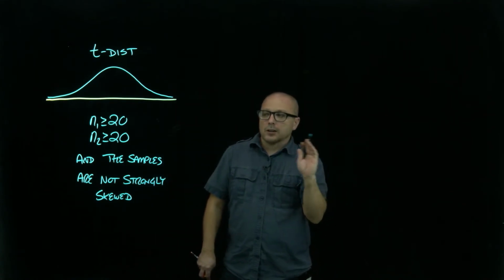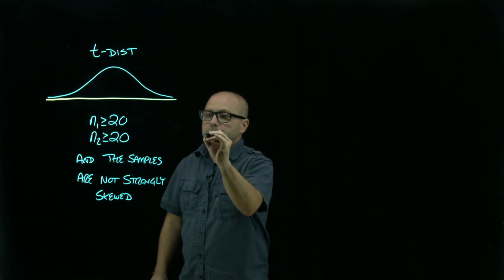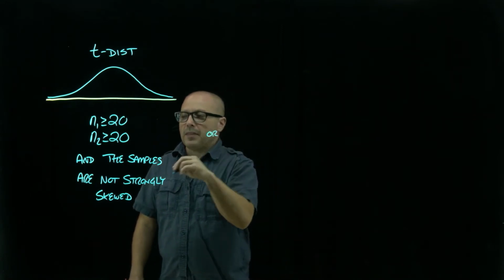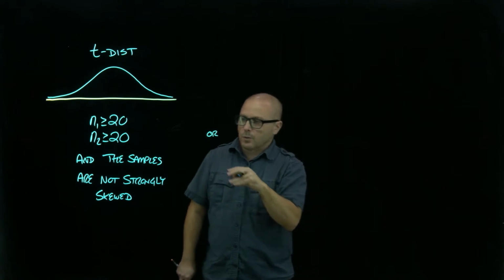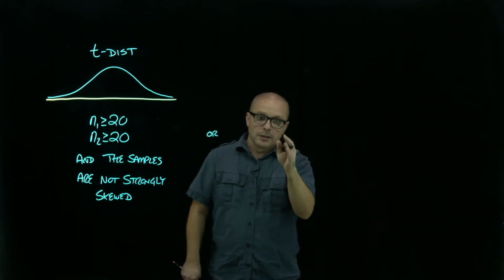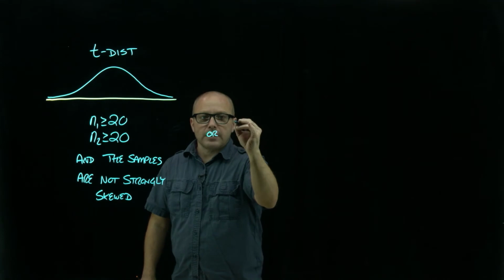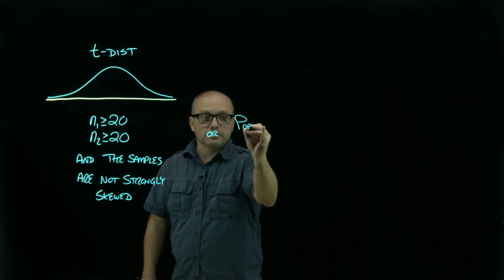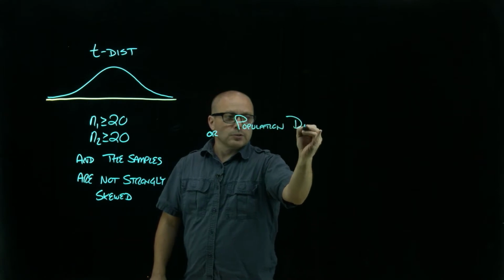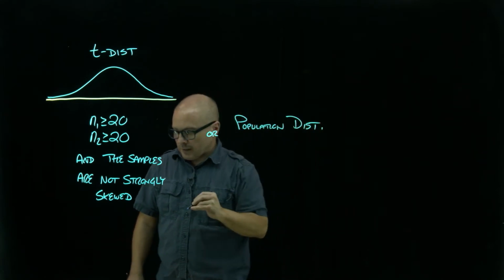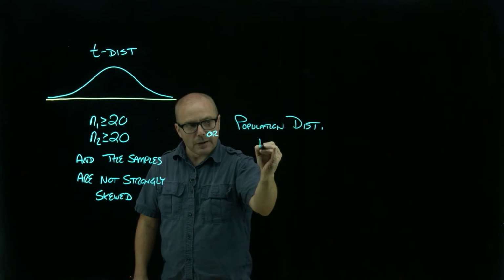There is an alternative, and that is if these sample sizes aren't big enough or the samples are strongly skewed, the other option would be if the population distribution is symmetric.